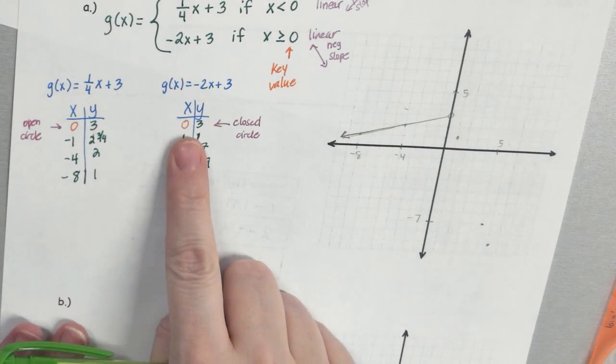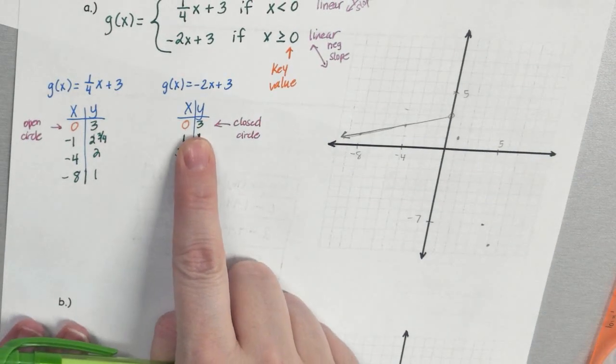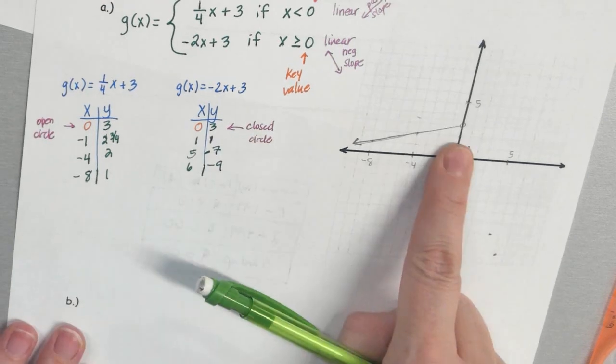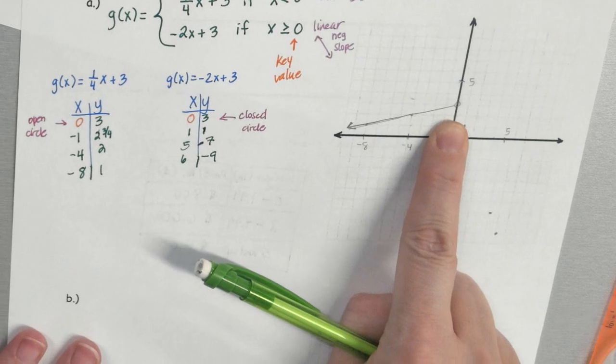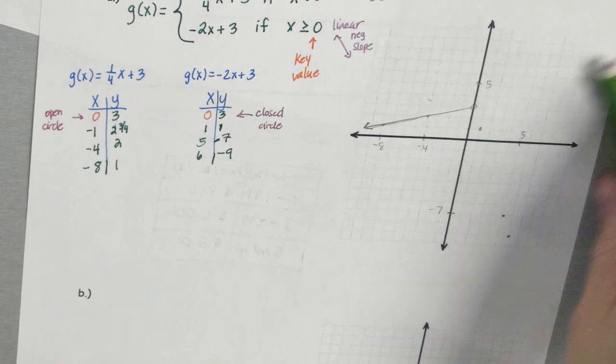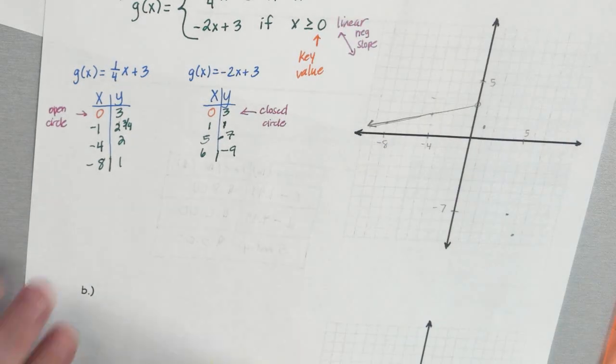Now, there's a problem with this. Not really a problem, but a special circumstance. This is supposed to be a closed circle at 0, 3. I have an open circle. Okay, when that happens, here's what we have to do.